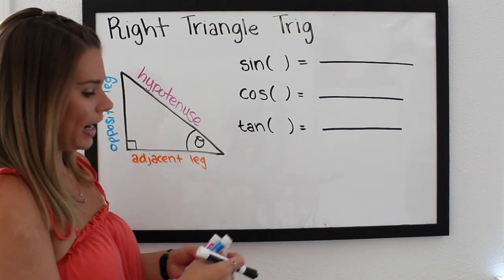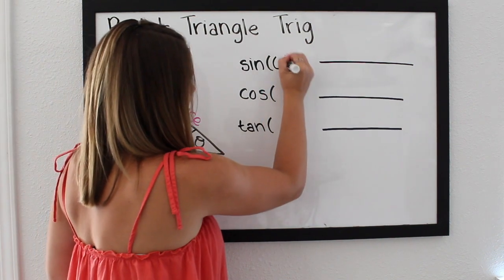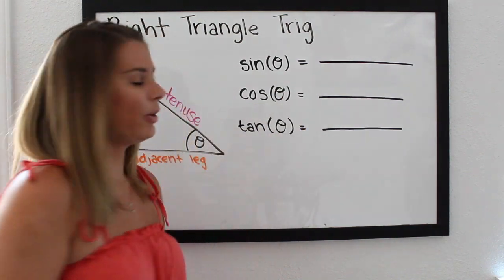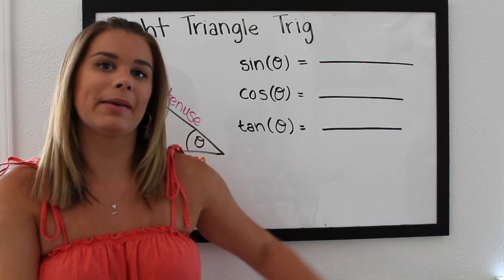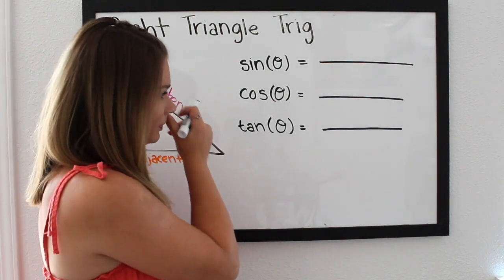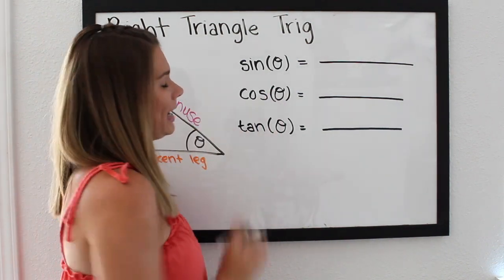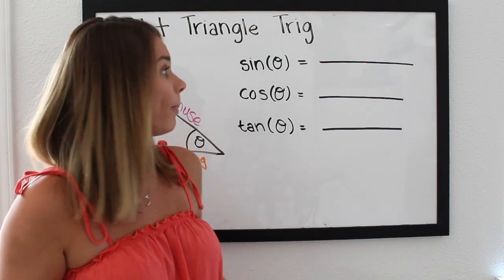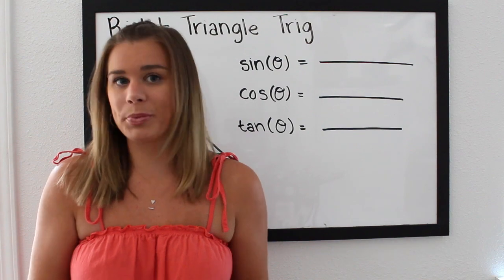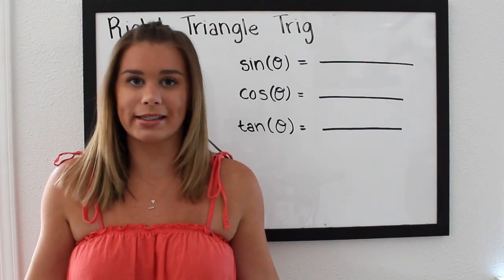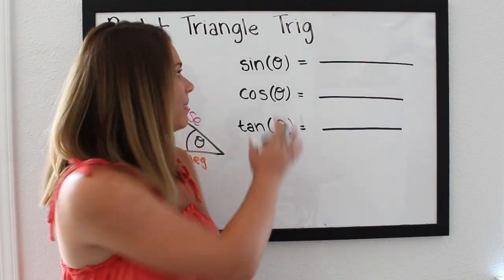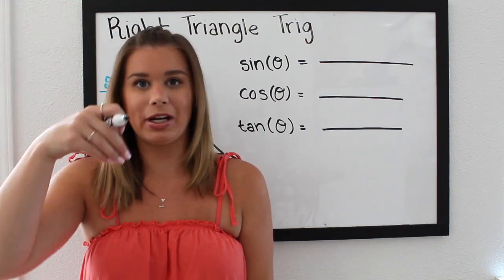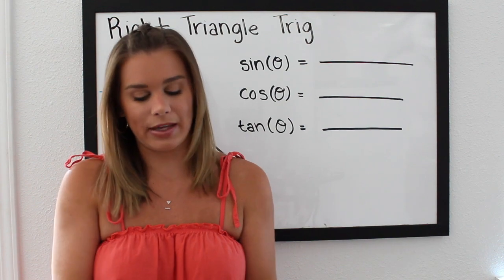So sine of theta, cosine of theta, and tangent of theta. We always have to put an angle in to get something out. So don't ever just put sine by itself, cosine by itself, or tangent. It's like a function or an operation. Like if I have a multiplication symbol just sitting out by itself, we can't really use it. Same thing for sine. If I have just sine written there on my paper without an angle being put into it, I can't do anything with it.